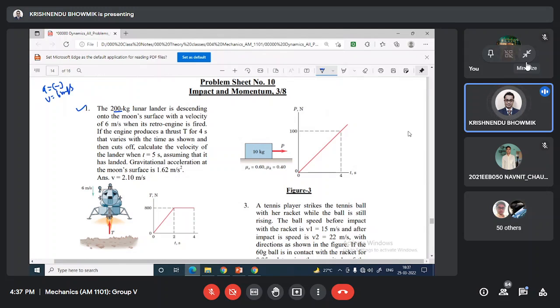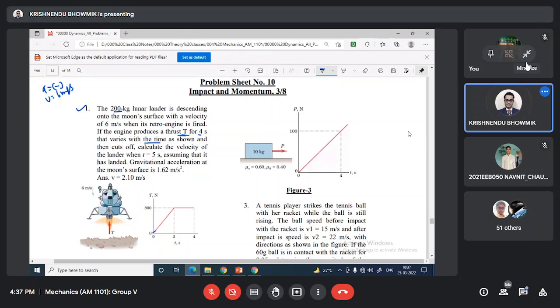When its retro engine is fired, one engine has been fired here, and the engine is giving some thrust. Generally, what happens, the engine gives thrust, and in the thrust direction it is supposed to move. The engine produces a thrust of T equal to t for 4 seconds, that varies with time as shown in the figure.